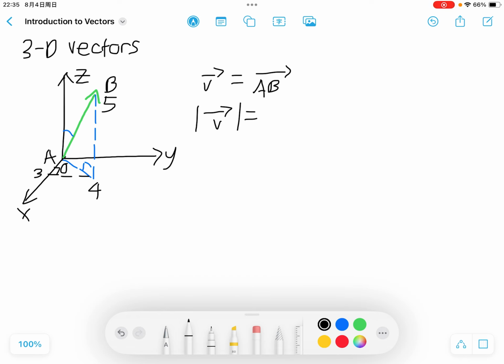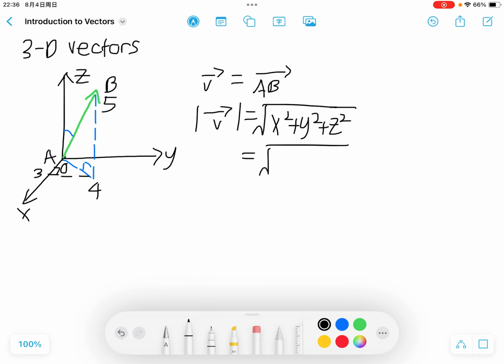So what I want to figure out is the root of x squared plus y squared plus z squared, because if you think about it, AB is just going to be the root of (root of x squared plus y squared) squared plus z squared. If we cancel the square sign, we have this equation here.